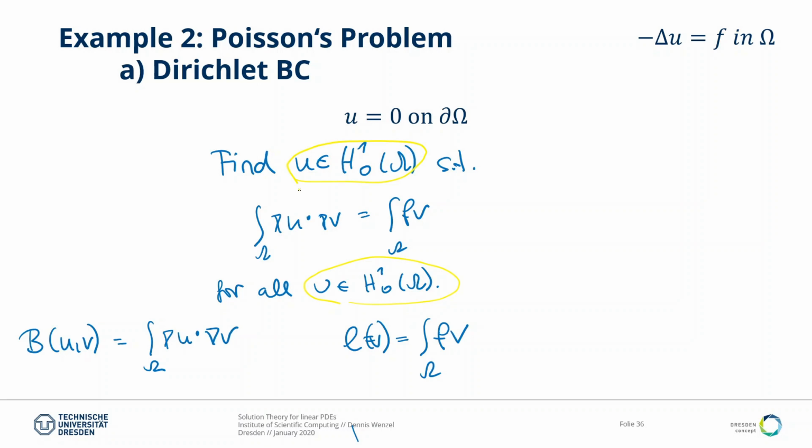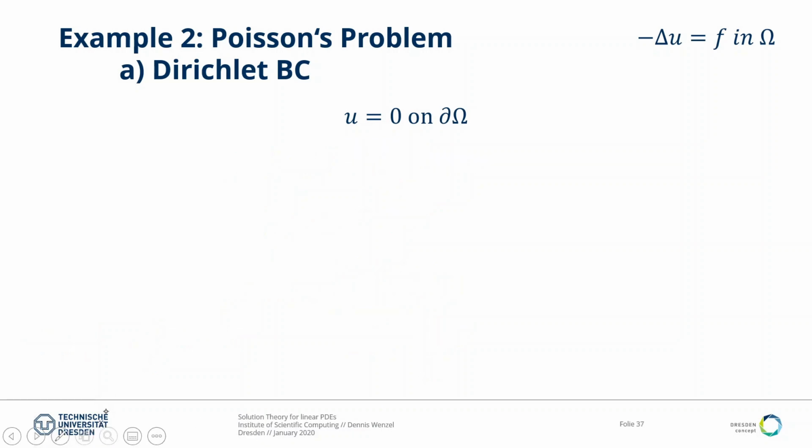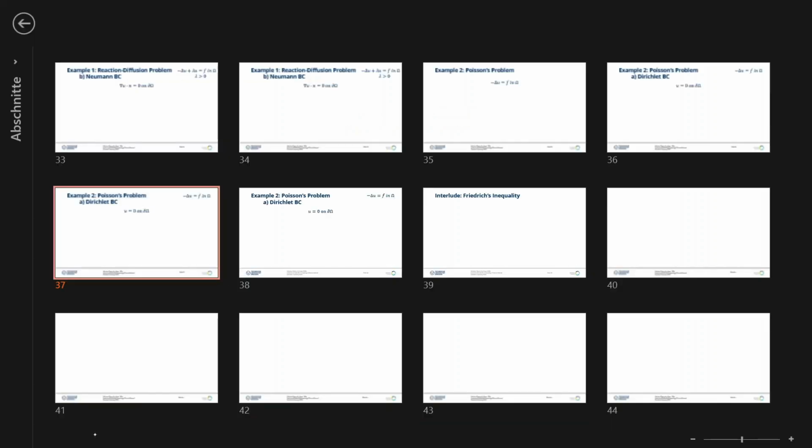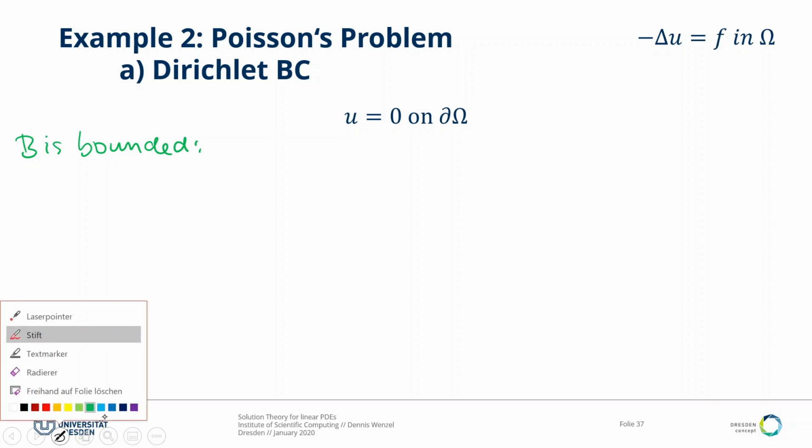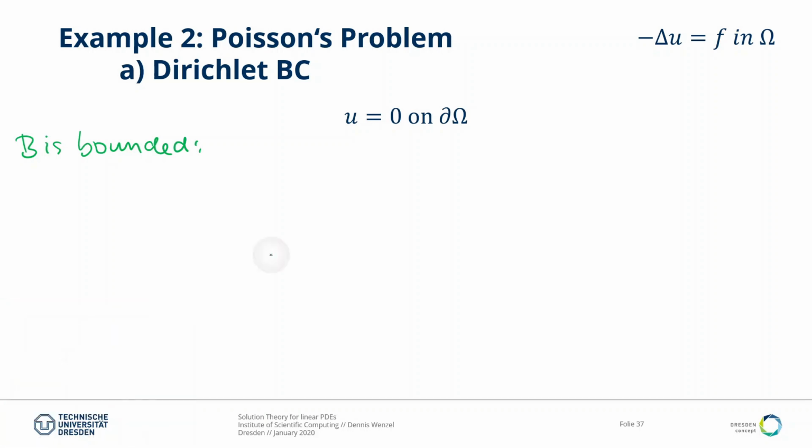And then let's see what happens here. If we proceed, we can start by looking at the boundedness of the bilinear form. So we can see that B is bounded. For that, we start just like before. B of u and v, that's the integral over gradient of u times gradient of v.